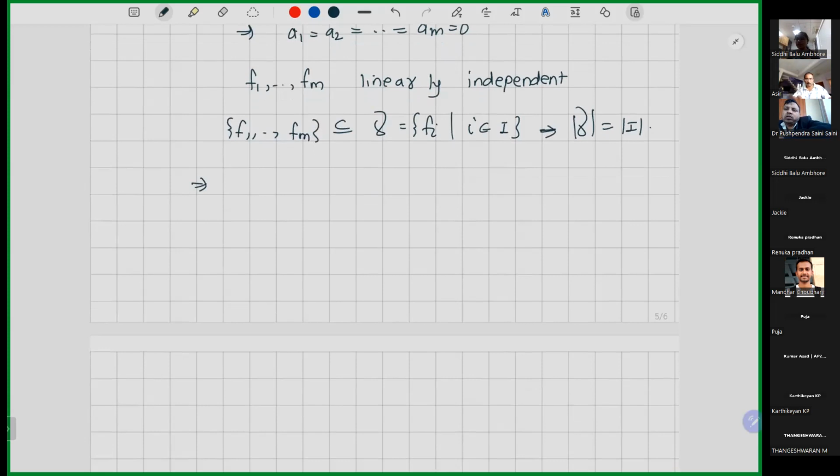That is because we have the same indexing set in both gamma and beta, so they are equal.